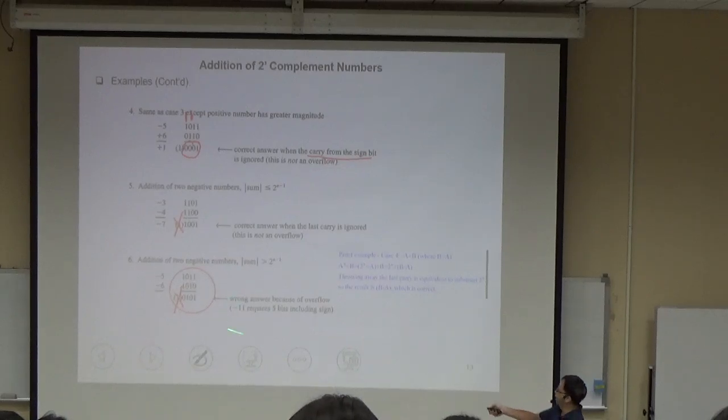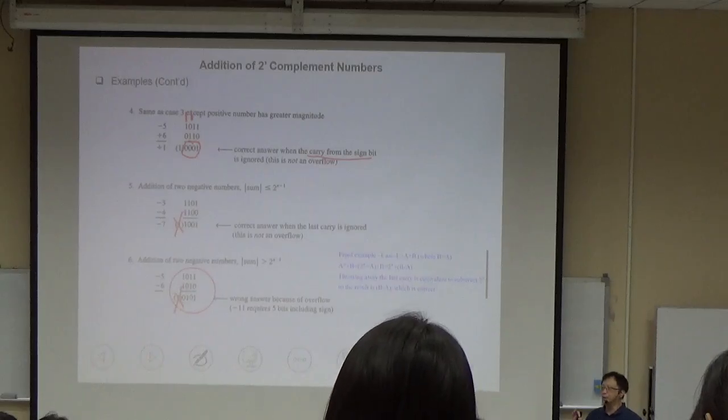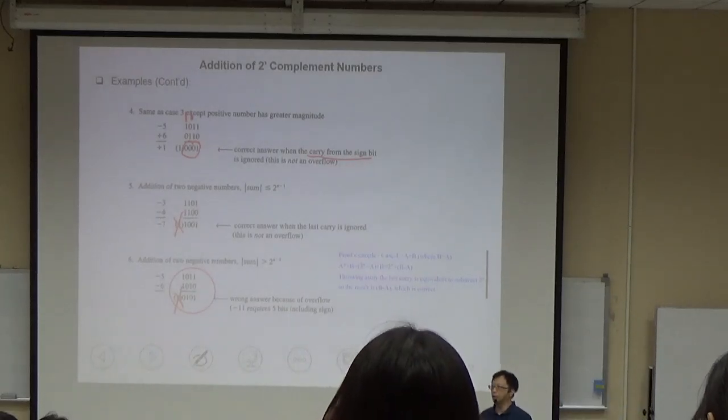There is some reason here, just why we ignore the carry from the sign bit. The final answer will be correct if the condition is satisfied, the number is smaller than power of n minus 1. Why is the answer correct?